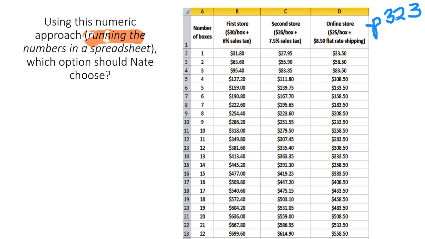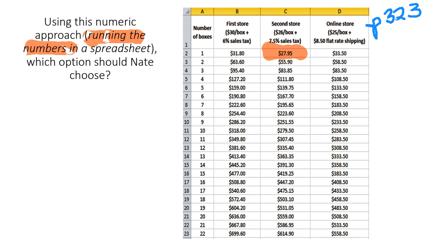If we look at the first row, notice that in column 2, $27.95 is the cheapest of my 3 numbers in row 1.